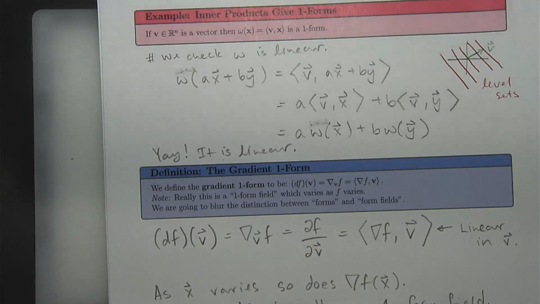So how do we imagine a one form field? It is something where at each point we have a tool for measuring.